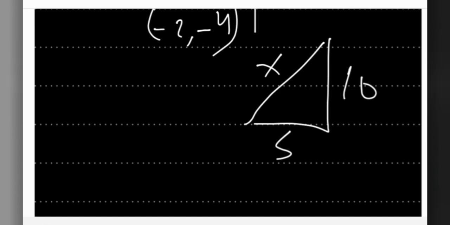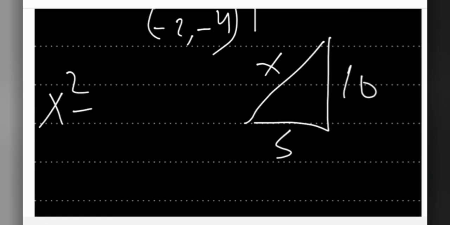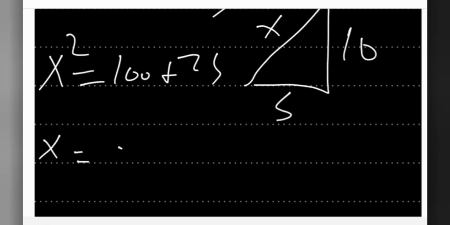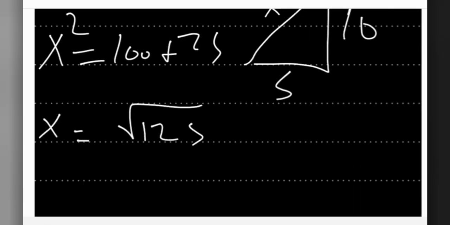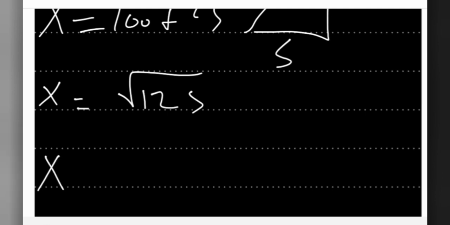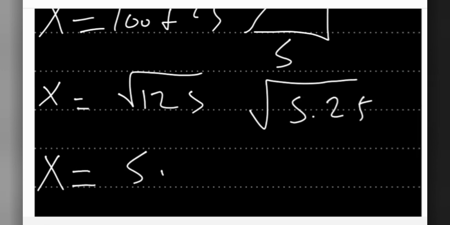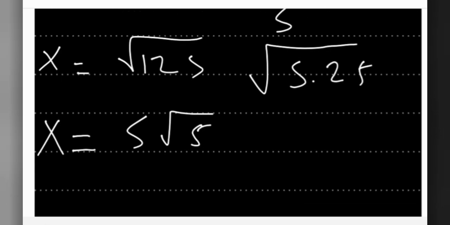So what is the value of this one? Well, x squared is equal to 10 squared is 100, plus 5 squared 25. So x is equal to the square root of 125, which is the square root of 25 multiplied by 5. Okay, so x equals 5 square root of 5.